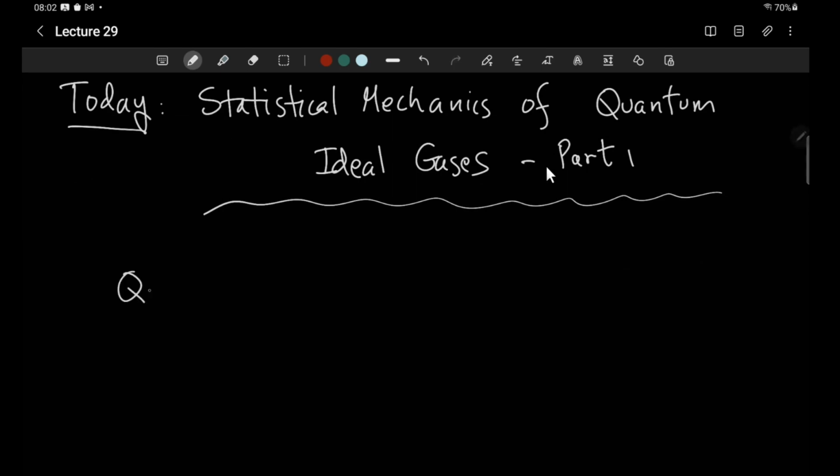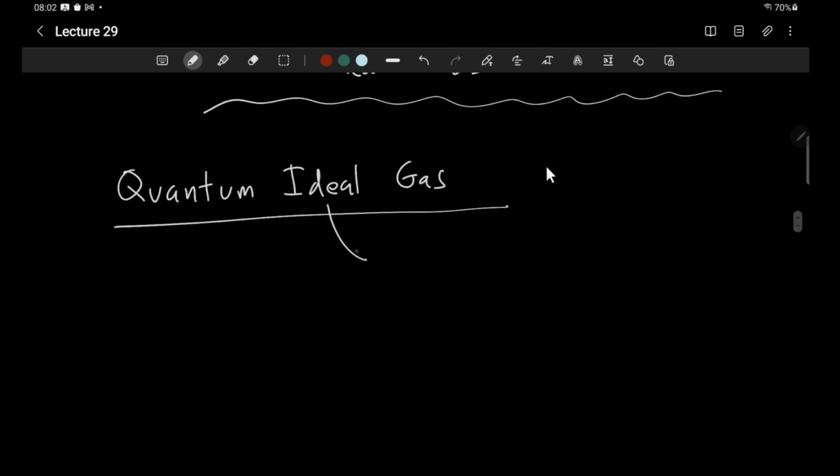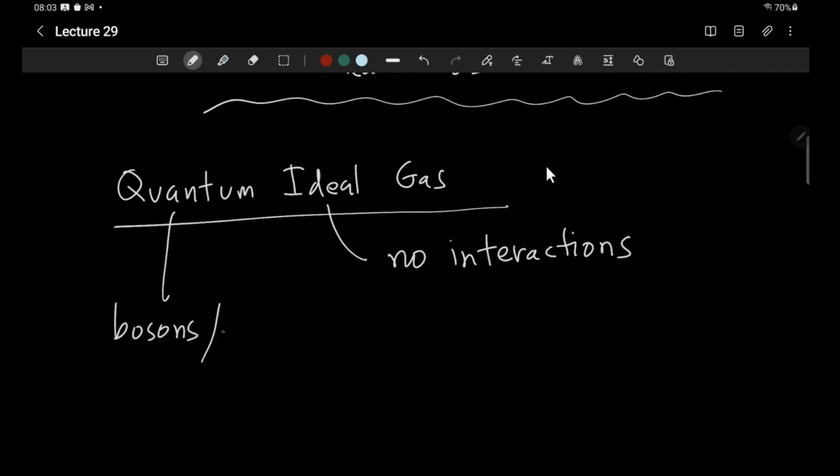So first, let's recall what a quantum ideal gas is. The ideal part we know is that there are no interactions. And the quantum aspect is that we will do exact counting, but we will take into account the statistics, whether the particles are bosons or fermions.